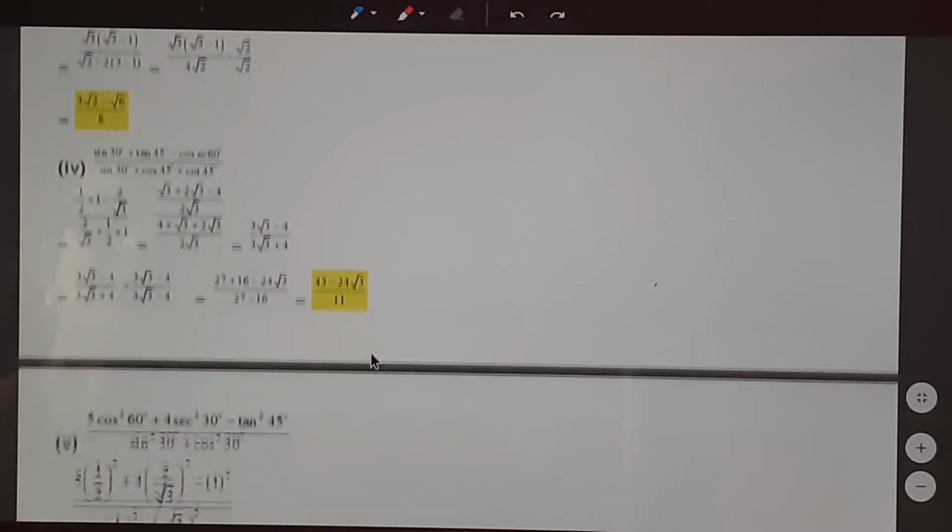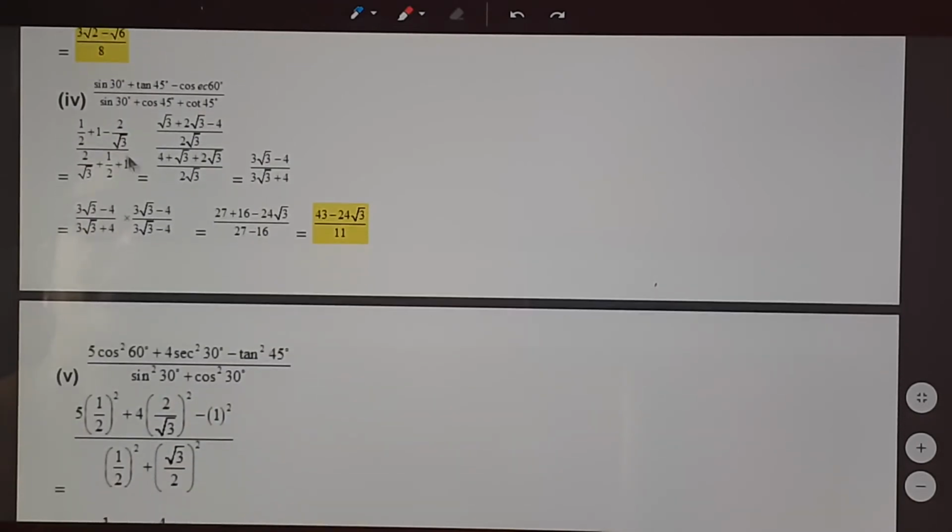And next is part 4, that is sin 30 plus tan 45 minus cosec 60 upon sin 30 plus cot 45 plus cos 45 plus cot 45. So here again you have to substitute all the values. You can see sin 30 is half plus tan 45 is 1 and cosec 60 is 2 by root 3.